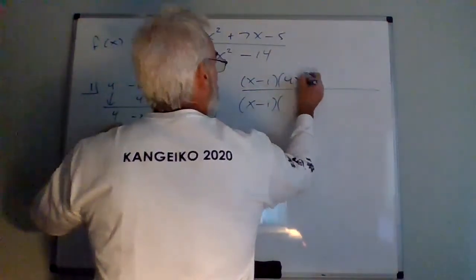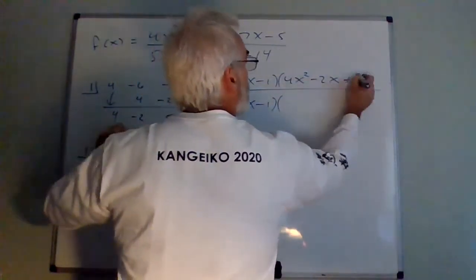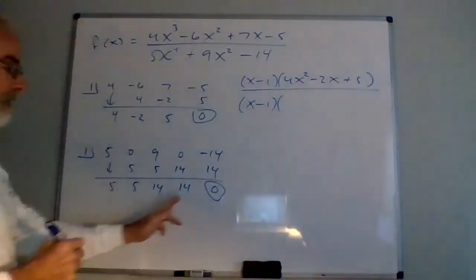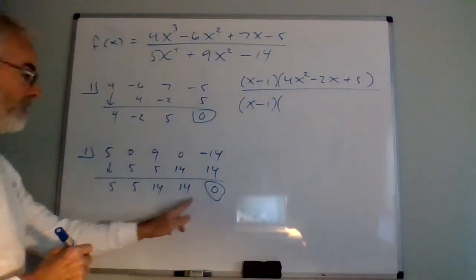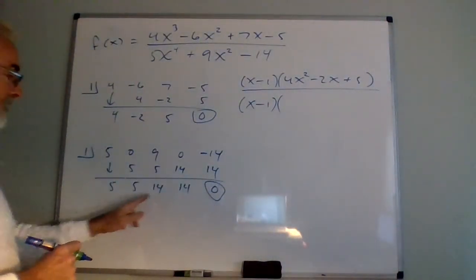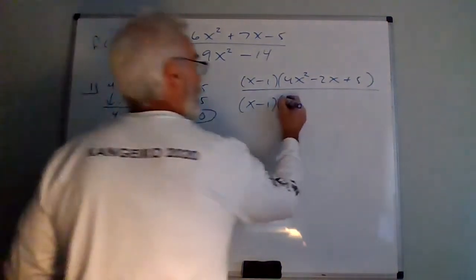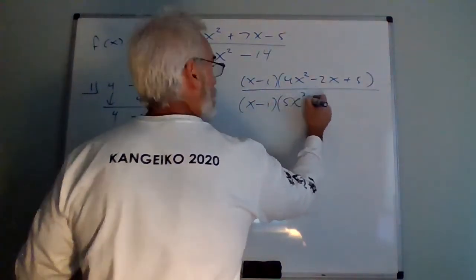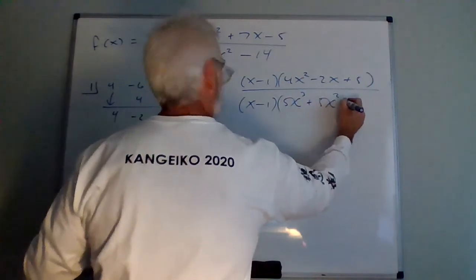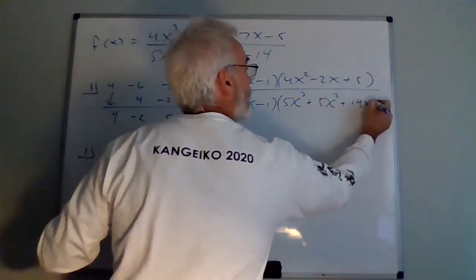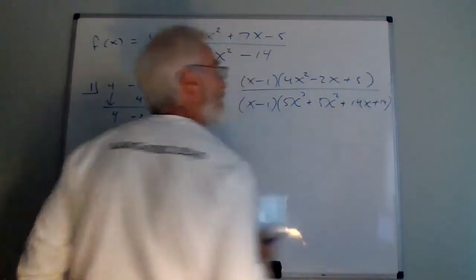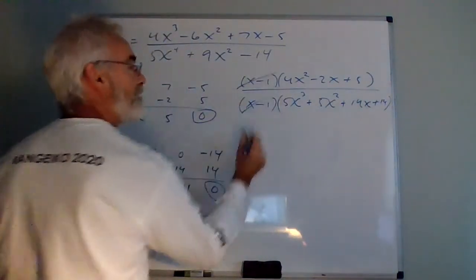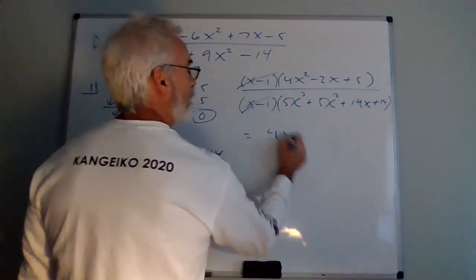So 4x squared minus 2x plus 5 here. Remainder, constant, linear, quadratic, cubic. And then after I cancel the common factors, I will simply get what is left.